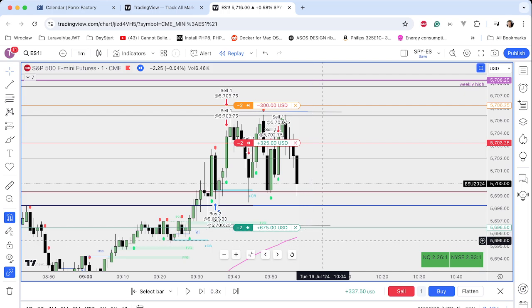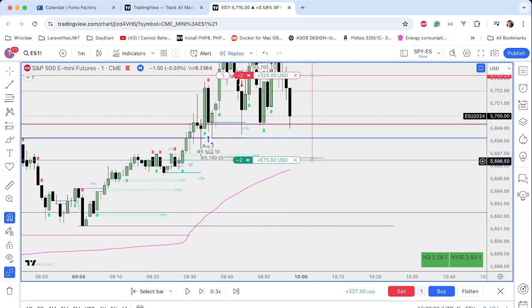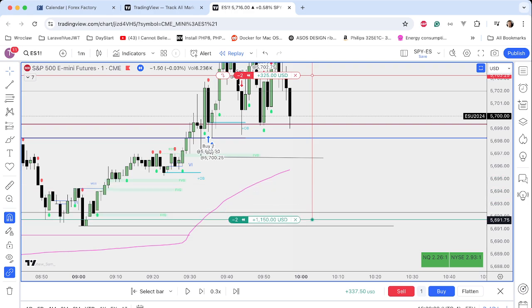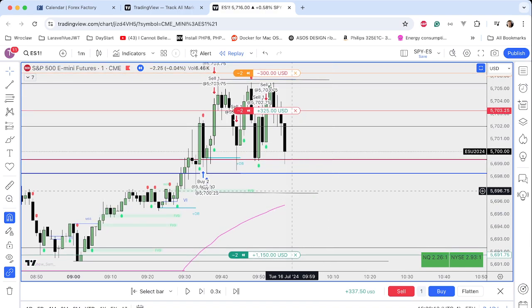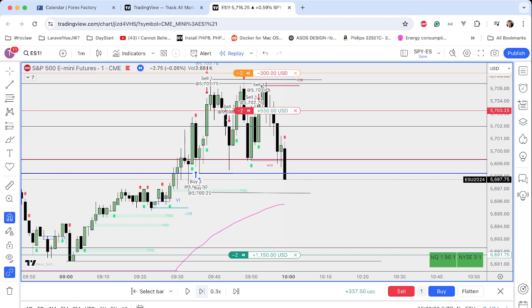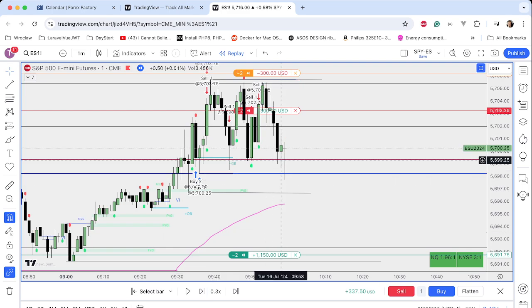Because I have two contracts, I can keep one here and close one here, basically, if we get there. Looks like it's trying to break 59.